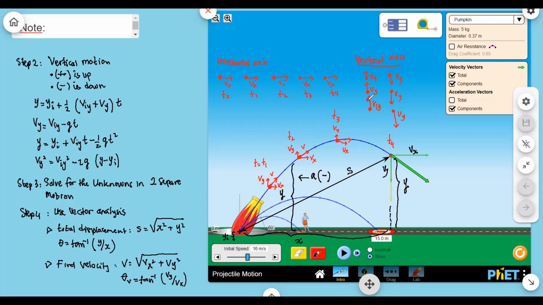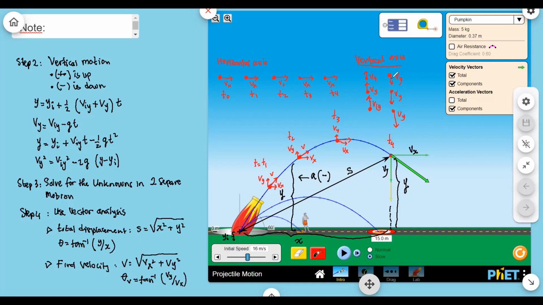And you can also see the different values of the velocity on the vertical axis. They have different values based on the length of the arrow. And same thing when the projectile is going back to the ground, for example, like this, starting from the initial velocity on the vertical axis, and you can also see the lengths of the arrows are different.